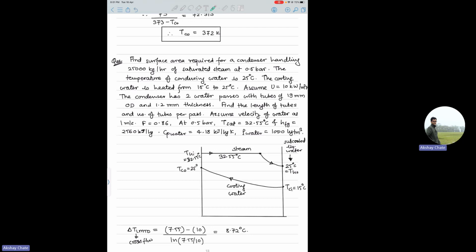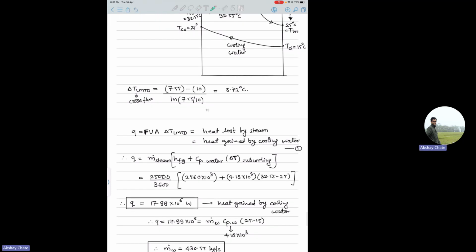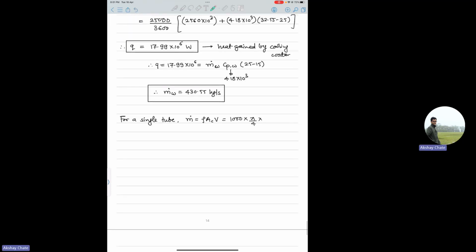In the question they have mentioned that outer diameter is 19 and thickness is 1.2. So you have to subtract 19 minus 2.4 to get the ID. So this will be 19 minus 2 into 1.2 mm, so into 10 to the power minus 3, and velocity is given as 1 meter per second. So you multiply it by 1.